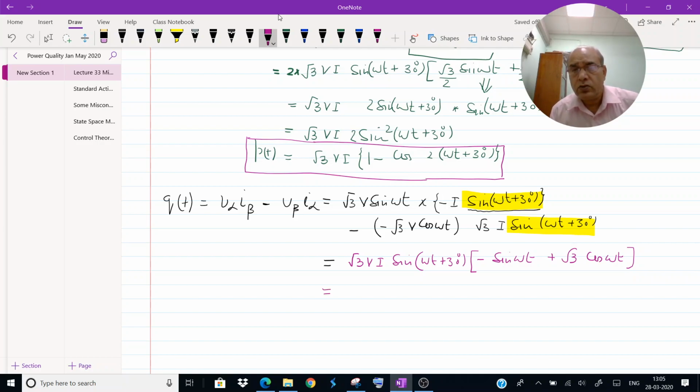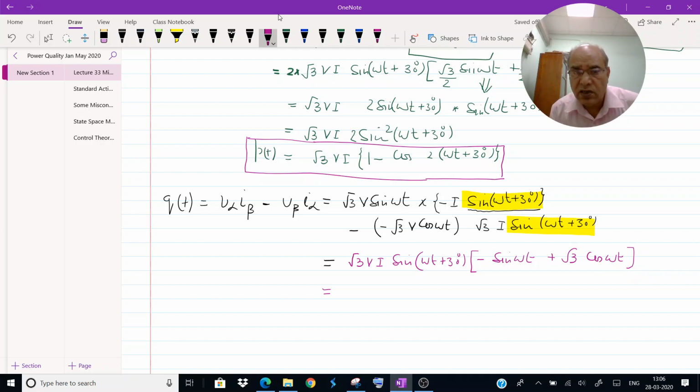Both have a minus term. This is minus b beta, so minus minus plus. i alpha is root 3 i, b alpha is positive, and i beta is minus i sine omega t.